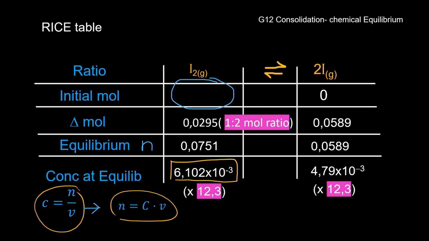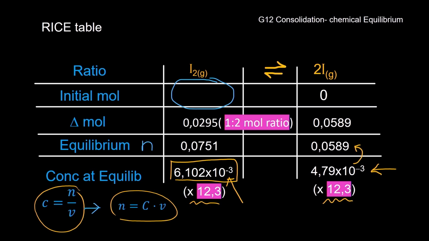From the concentration, we can work out the number of moles by multiplying it by the volume. We multiply both concentrations by the same volume because they're in the same flask, and we end up with an answer of this.